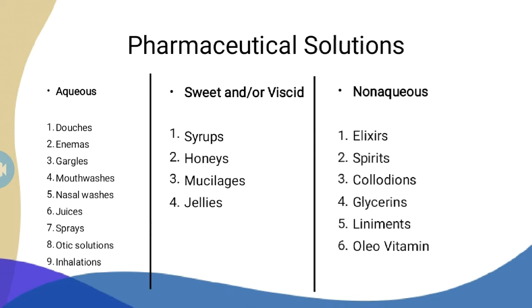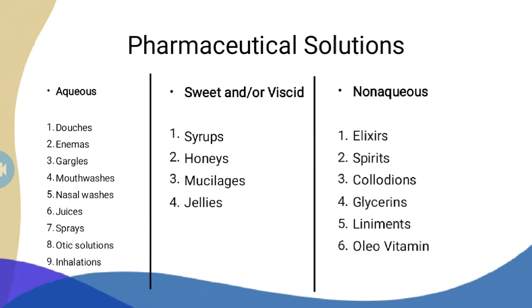Pharmaceutical solutions are in the categories of aqueous, sweet and or viscid, and non-aqueous. In the first category, the aqueous solutions, examples are douches, enemas, gargles, mouthwashes, nasal washes, juices, sprays, otic solutions, and inhalations. These products contain water. Second category, the sweet and or viscid.